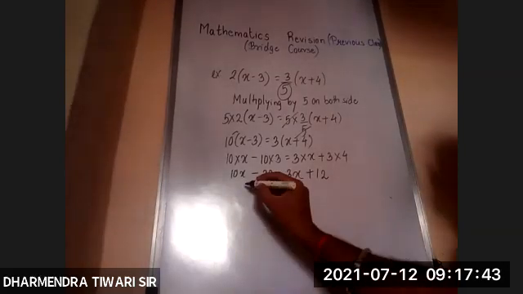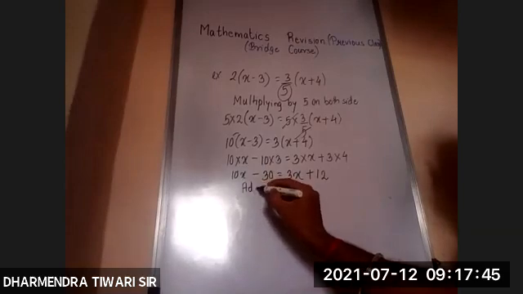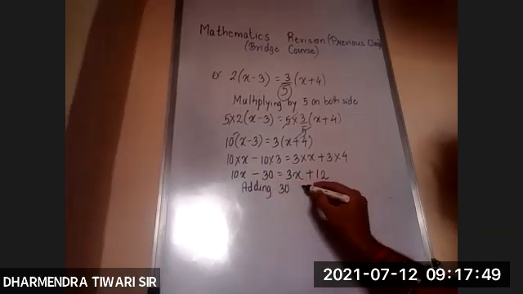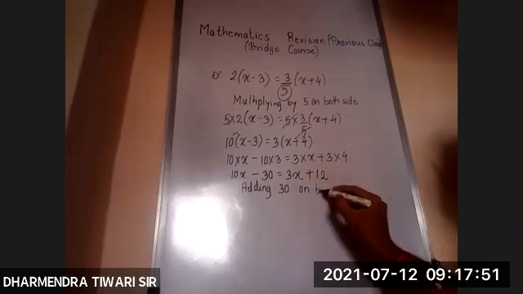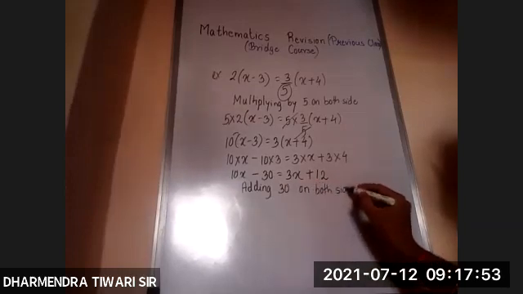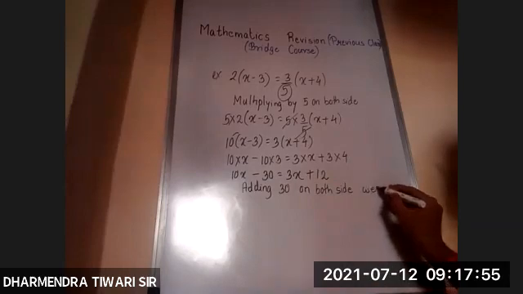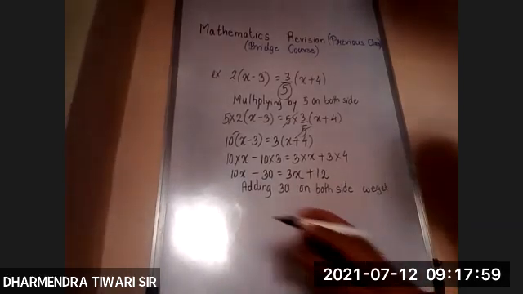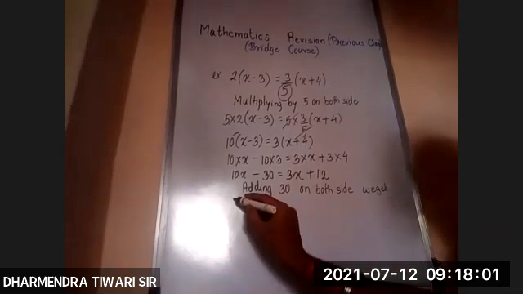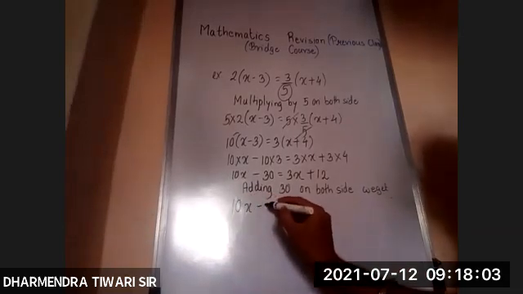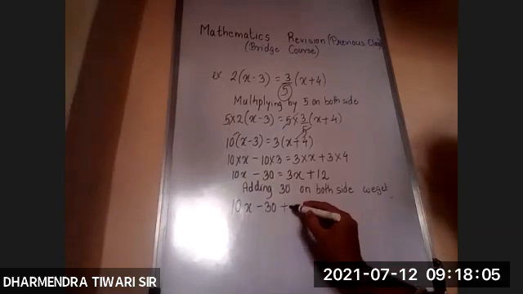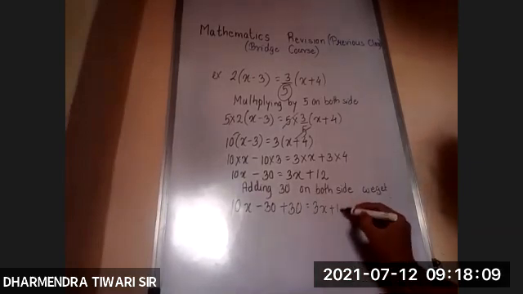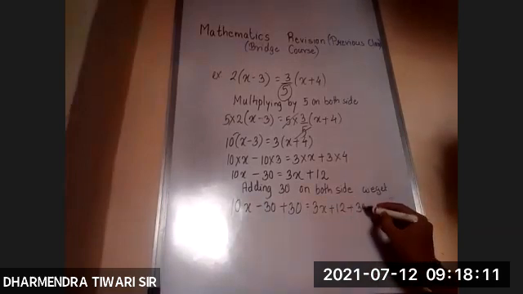Adding 30 on both sides, what do we get? 10x minus 30 plus 30 is equal to 3x plus 12 plus 30.